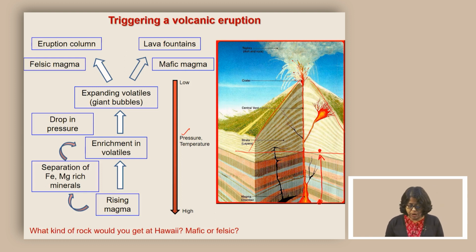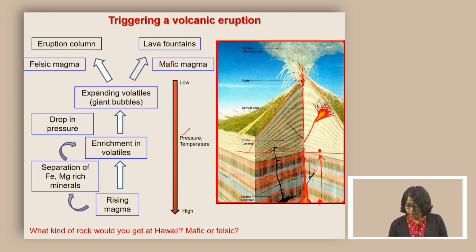So, as the magma is coming up, it is experiencing lower temperature and lower pressure. Now, lower pressure can increase the volatile volume, and we will come to that in a minute.